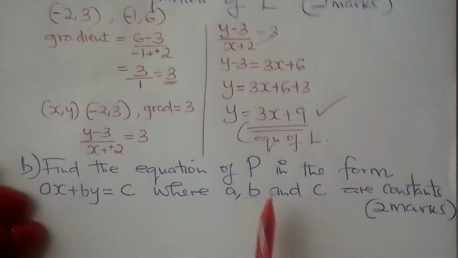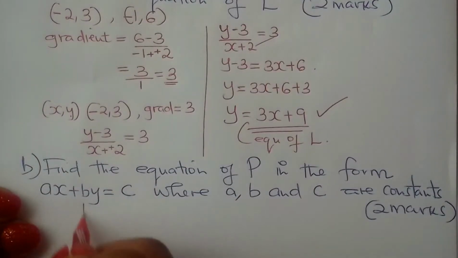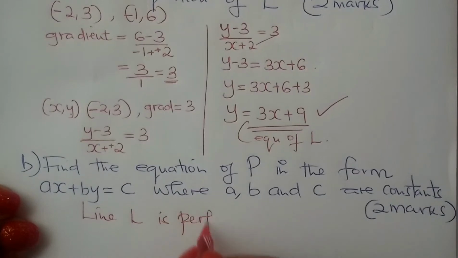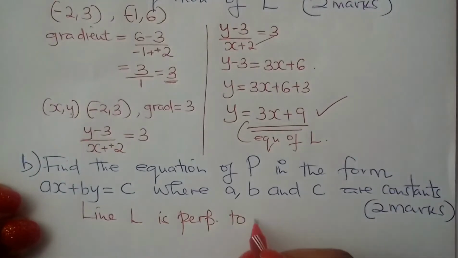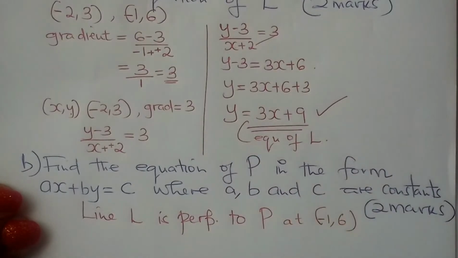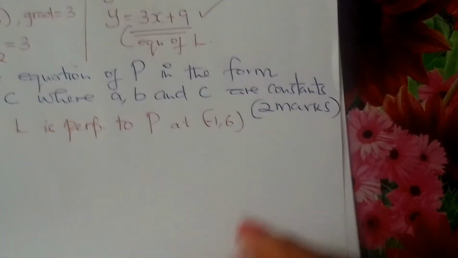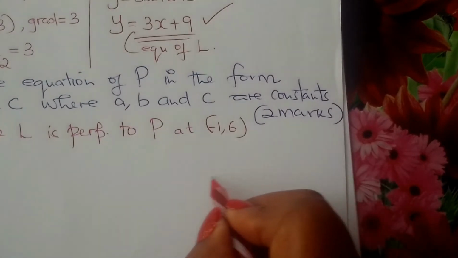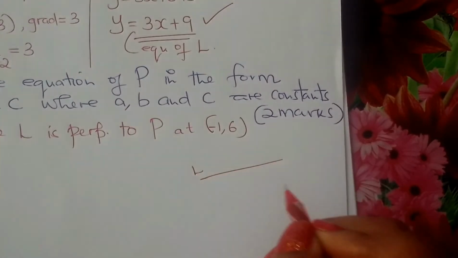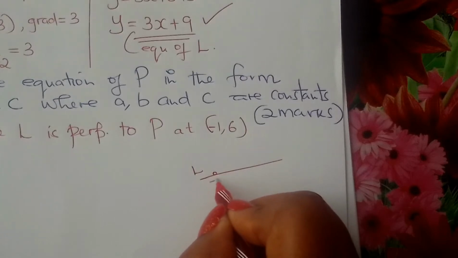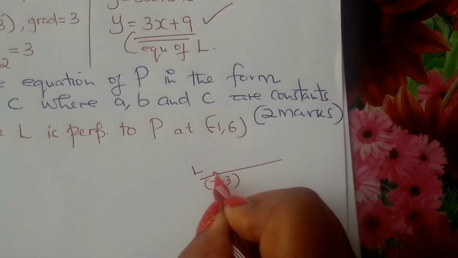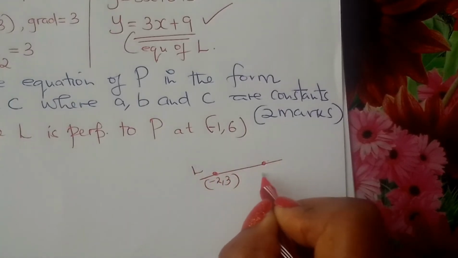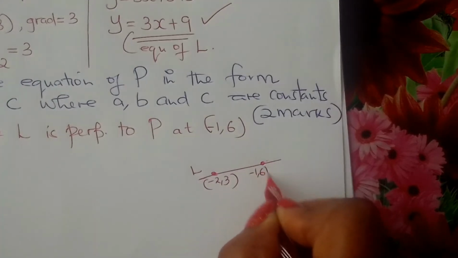So maybe here we can write in short that line L is perpendicular to P at (-1, 6). In other words, learner, if I were to draw a small diagram here, line L is passing through (-2, 3) and also passing through (-1, 6).